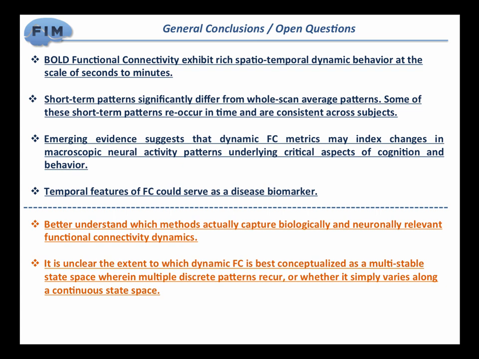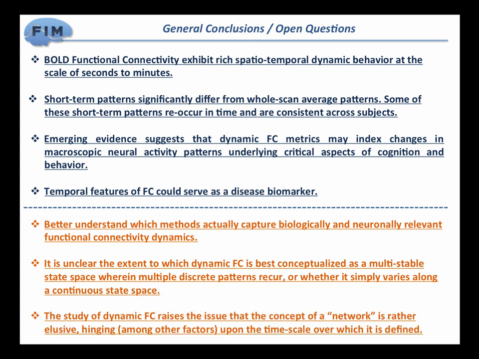And that will definitely affect how you analyze the data. And also, if we accept this dynamicity, it raises the question of whether the concept of a network, what is that? Because it's rather elusive if we know they're breaking in and out continuously during the duration of a scan.